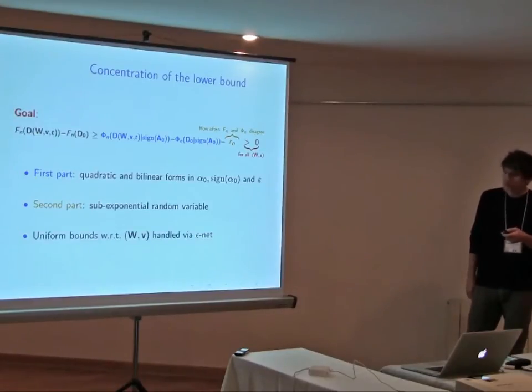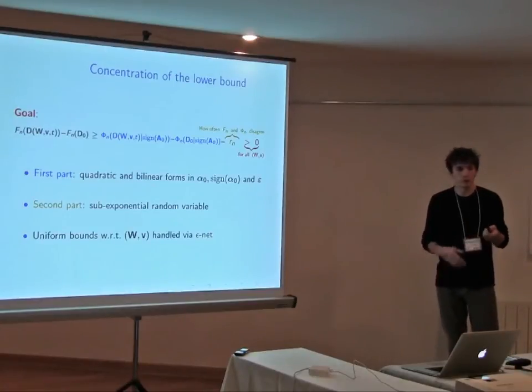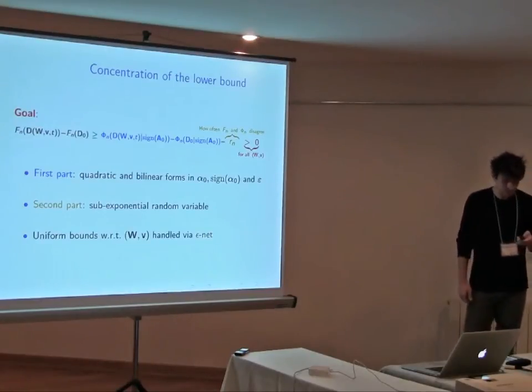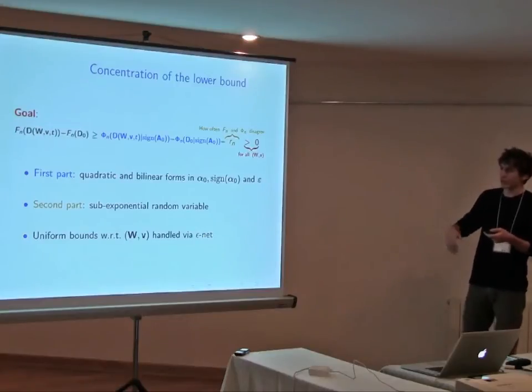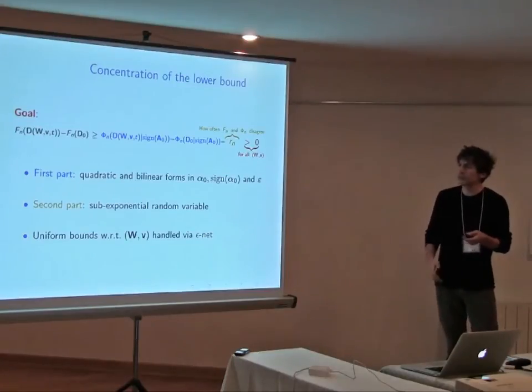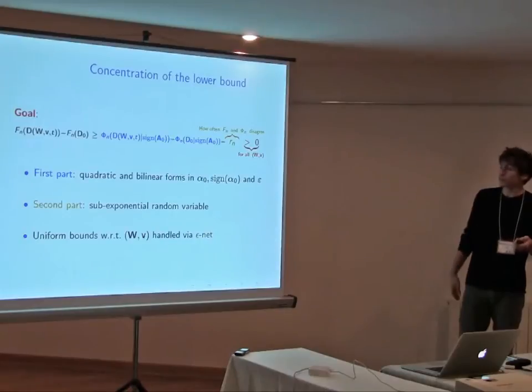And the uniformity with respect to the directions is handled by some epsilon net techniques. It's just detail, so I go quickly over this slide, even though this is the part that in practice takes most of the time.